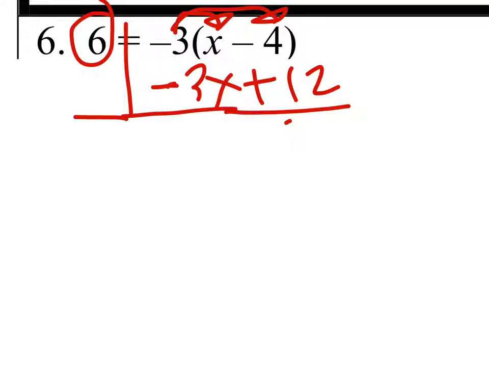So to get rid of plus 12, it's negative 12. Since you did it to this side, you have to do it to this side too. And then 6 minus 12 equals negative 6.